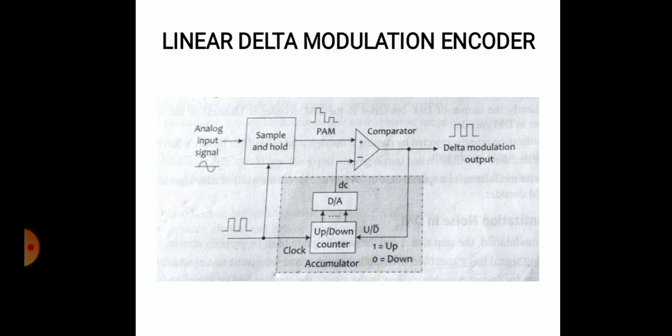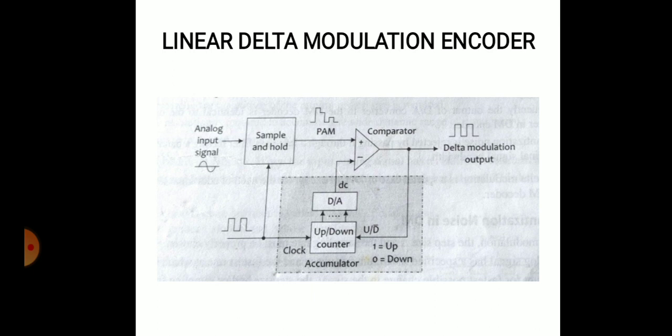So we can say that if input is binary 1, it adds delta step to the previous output, which is delayed. If input is binary 0, it subtracts delta step from the previous output. When we start the delta modulation definition, we say that after the comparison two representations can be made, plus delta and minus delta, on the basis of a positive and negative difference respectively.